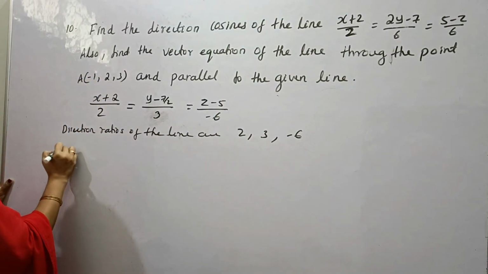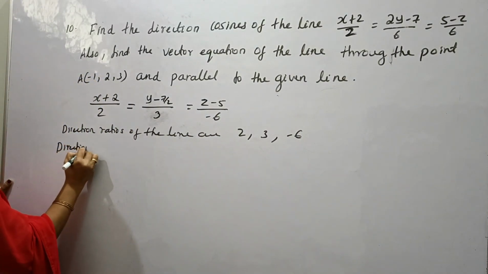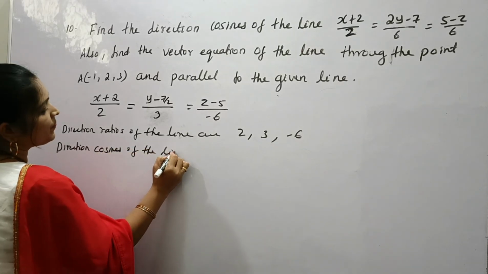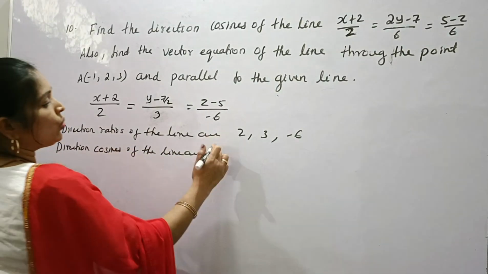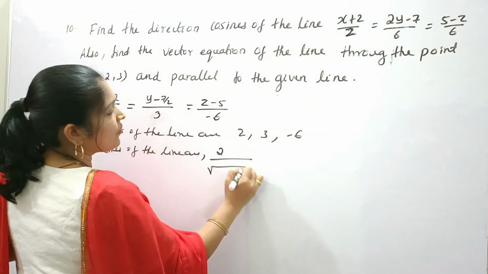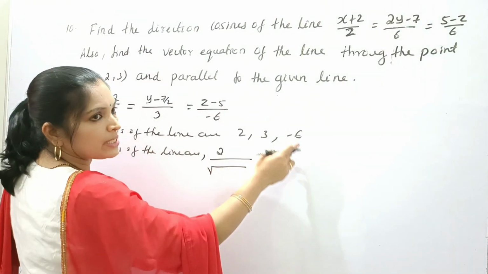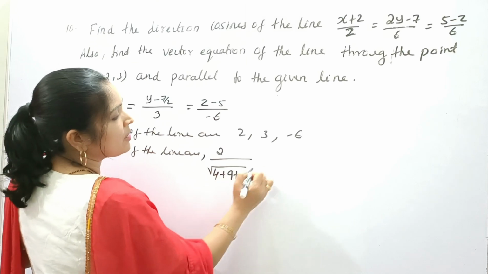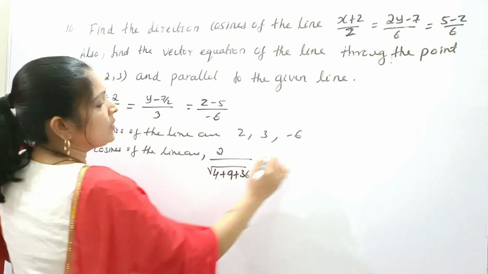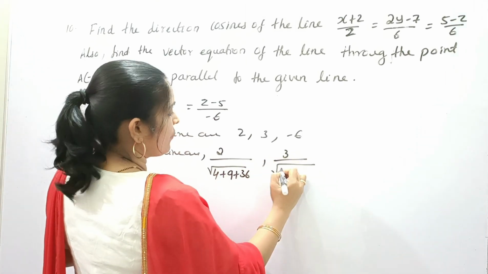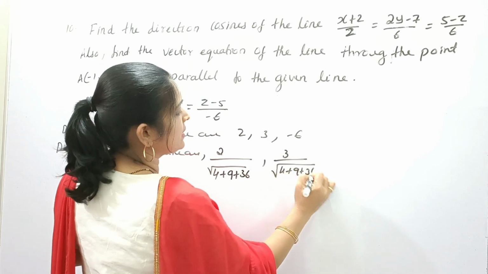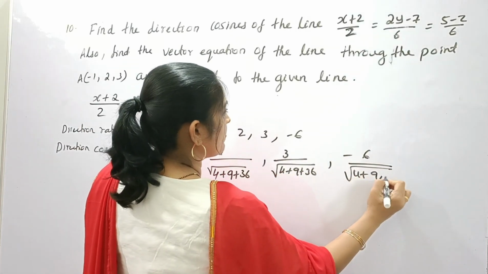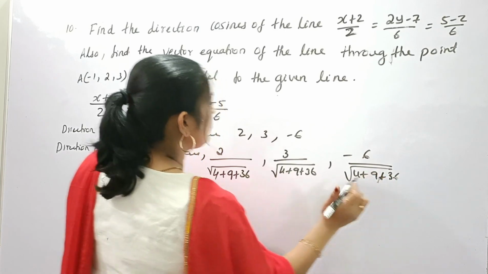Therefore, the direction cosines of the line are 2 divided by root of 2 square plus 3 square plus minus 6 square, 2 square 4, 3 square 9, plus 36. 3 divided by root of 4 plus 9 plus 36, minus 6 divided by root of 4 plus 9 plus 36.